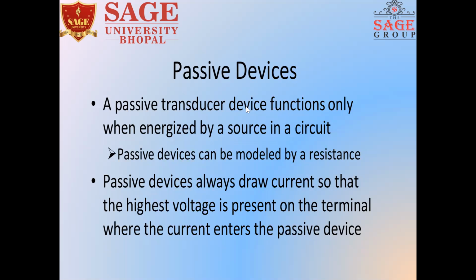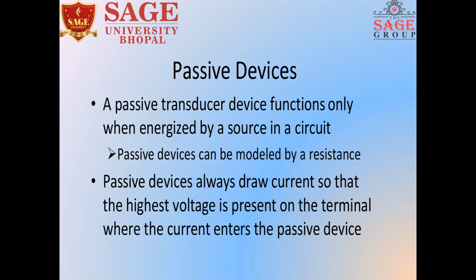And what is a passive device? Passive devices are those elements that are not capable of delivering energy independently for an infinite duration of time. This is known as a passive device. A passive device functions only when energized by a source in a circuit, and it can be modeled by a resistance.